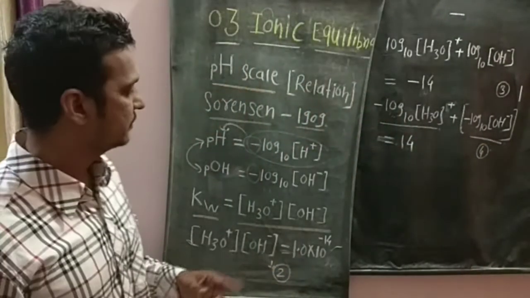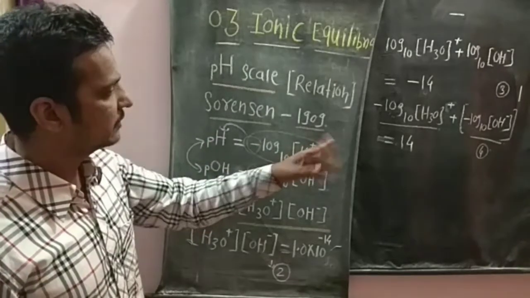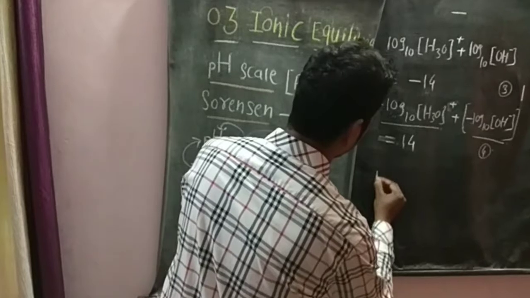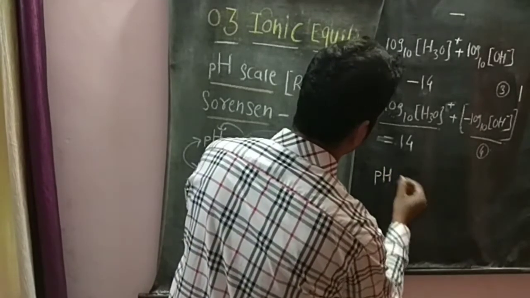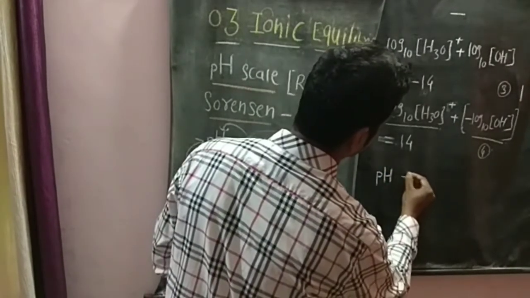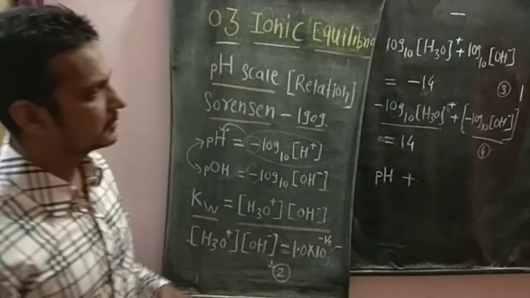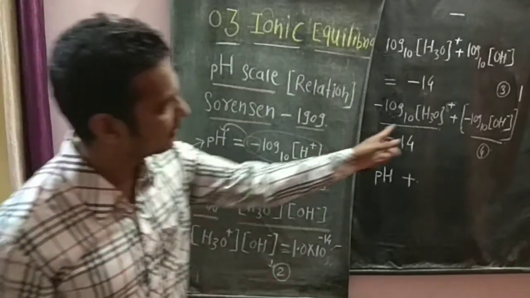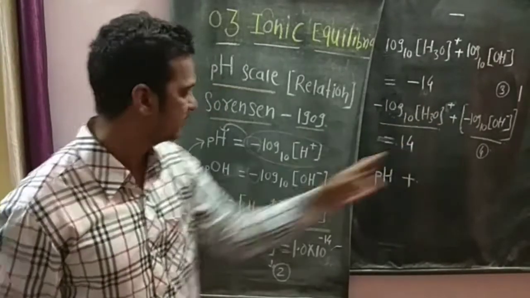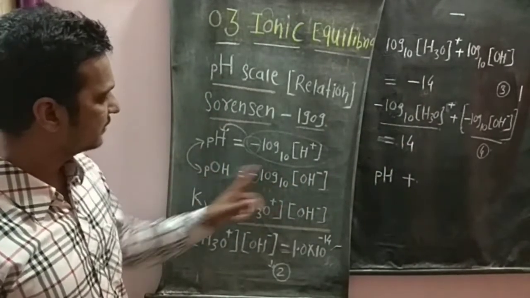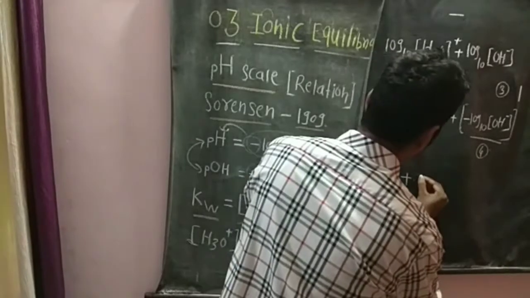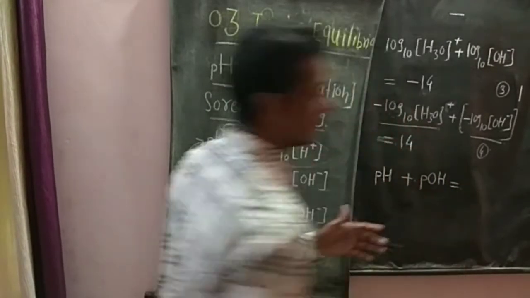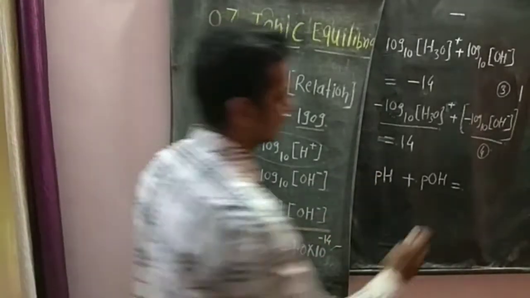This equation becomes pH plus, negative logarithm to the base 10 concentration of OH minus which is pOH, and negative logarithm to the base 10 concentration of H3O plus or H plus is equal to pH. So pH plus pOH is equal to 14.